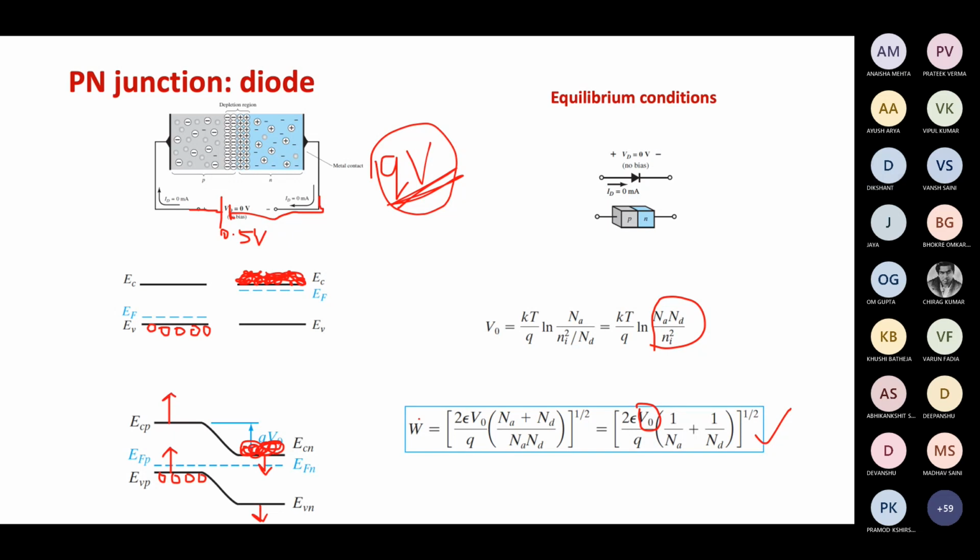So when a voltage is applied, this Fermi level is not uniform across the device. That's what I told you as well, that in equilibrium this must be uniform. But as soon as we apply a forward bias or reverse bias, the Fermi level on the P side might be different and the Fermi level on the N side might be different. So there will be two Fermi levels in the system in a way.